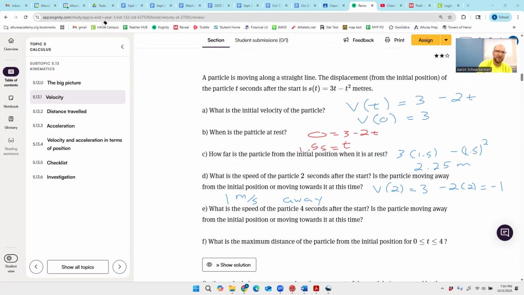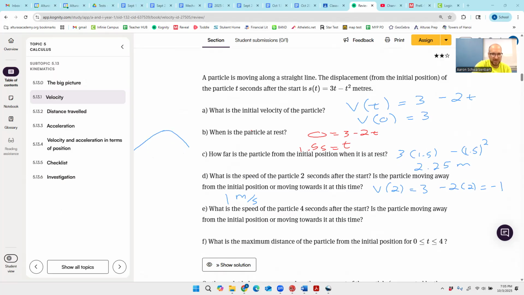So it's moving backwards, but this is actually towards because initially it's moving 3, and then it's coming back towards you. And I do not believe it would actually have gotten back by 2 seconds.